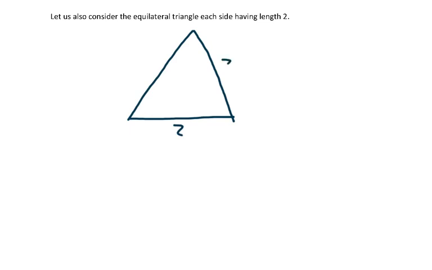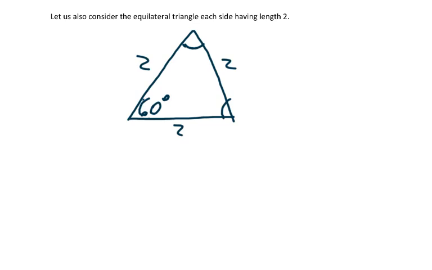Now, all the sides are equal, and that forces all these angles to equal each other as well. Since we're in a triangle, the angles have to add up to 180 degrees, so each angle is 60 degrees, as you can see.